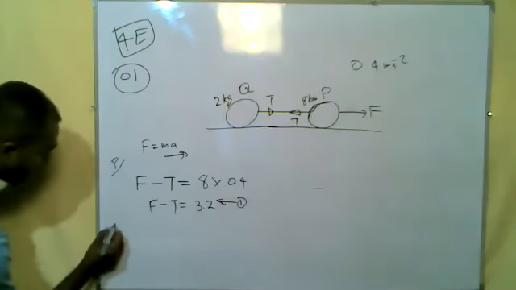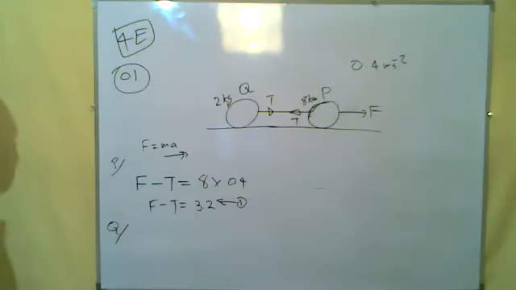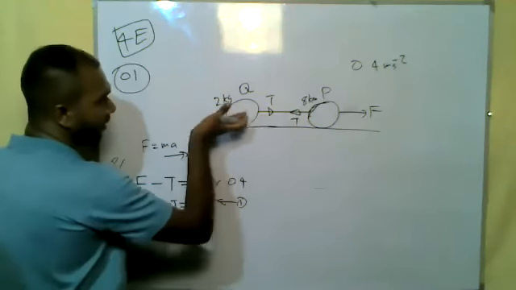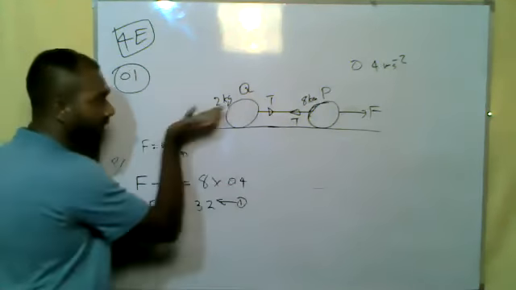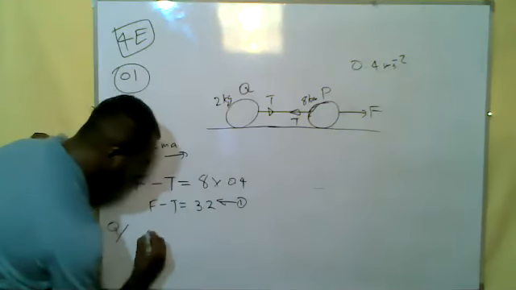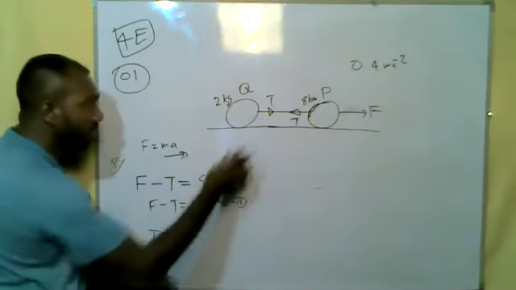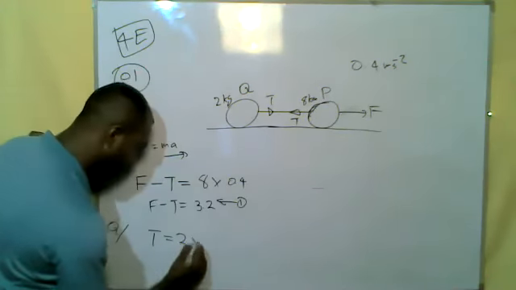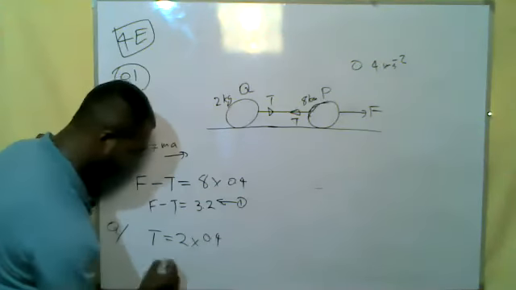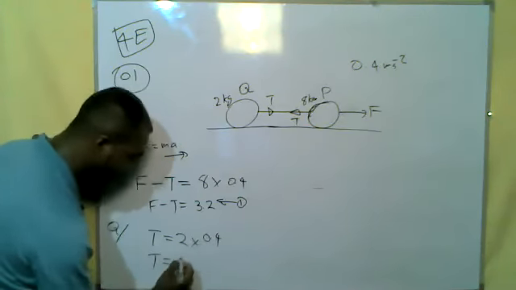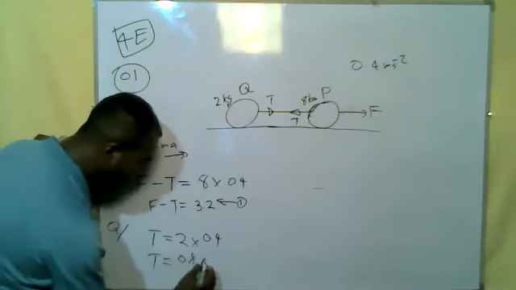What about Q? Q also we can apply F equals ma. For Q, what is the only force acting upon it? Tension only, in this horizontal direction. So T should be equal to 2 times 0.4. How much? Tension should be equal to 0.8 newtons.